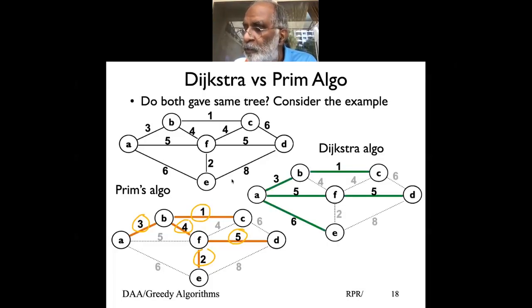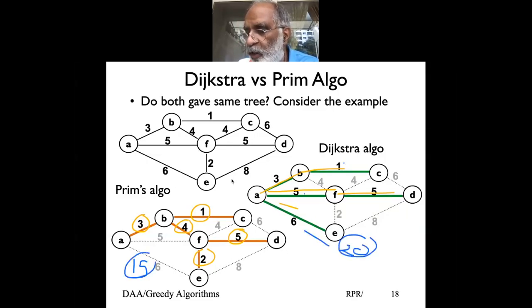And with the Dijkstra algorithm, this is the tree I get. The cost of this tree using Prim algorithm is 15. If I were to take this tree and compute its cost, this would be 3 plus 1, 4 plus 5, 9 plus 4, 15, 4 plus 10, 14 plus 6, 20. So the cost becomes 20, whereas the Prim cost is 15.